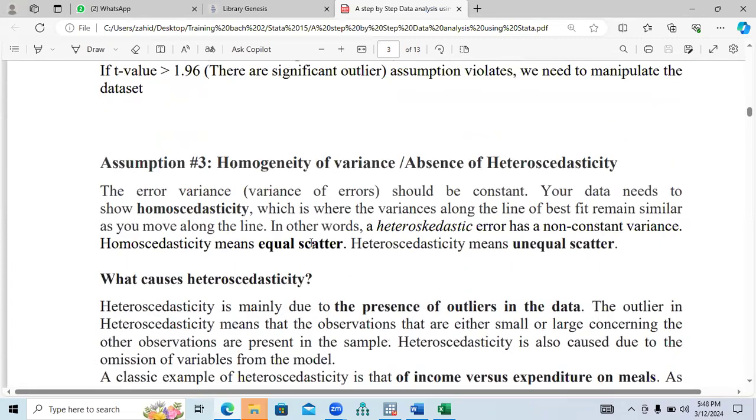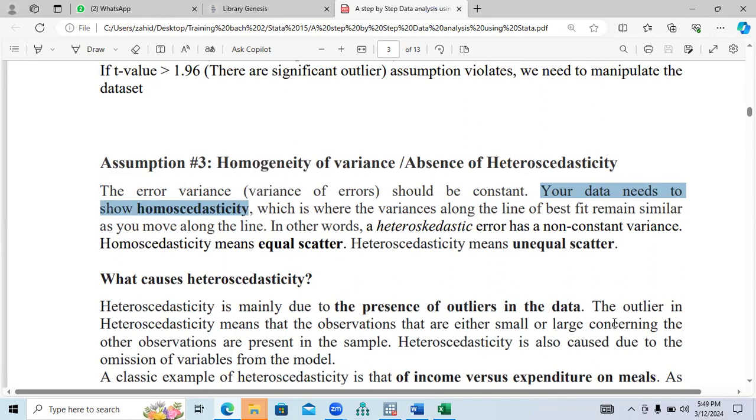Then there is third assumption, that is homogeneity of variance or absence of heteroscedasticity. Heteroscedasticity is the error variance. The variance in the error terms should be constant at all levels or all observations; when it is not, that is known as heteroscedasticity. We need to have homoscedasticity in our data.